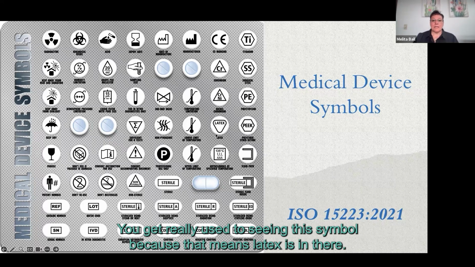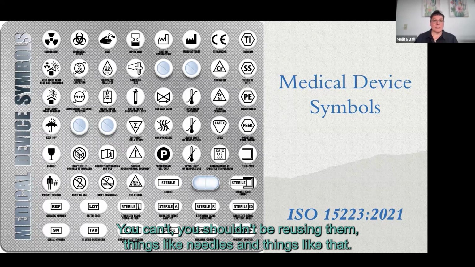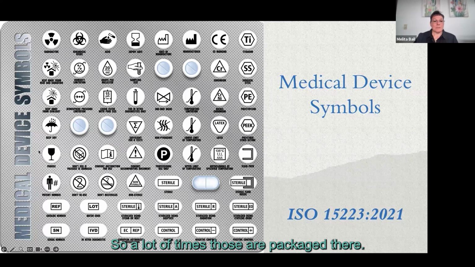You get really used to seeing this symbol because that means latex is in there, so you need to make sure that people allergic to latex don't come in contact with it. Things that are sterile or not sterile. Most of us know this symbol here, which means do not reuse. It's a disposable device. You shouldn't be reusing things like needles, so a lot of times those are packaged there.